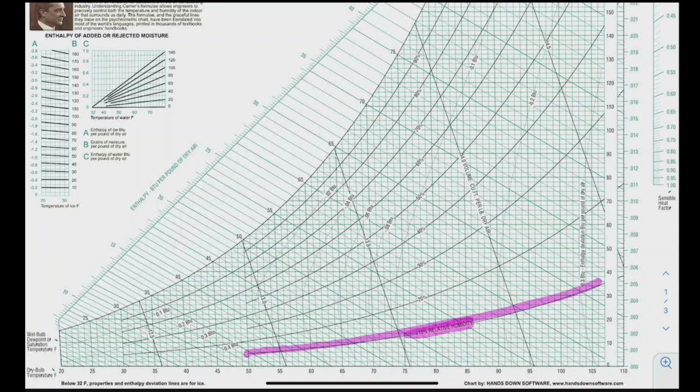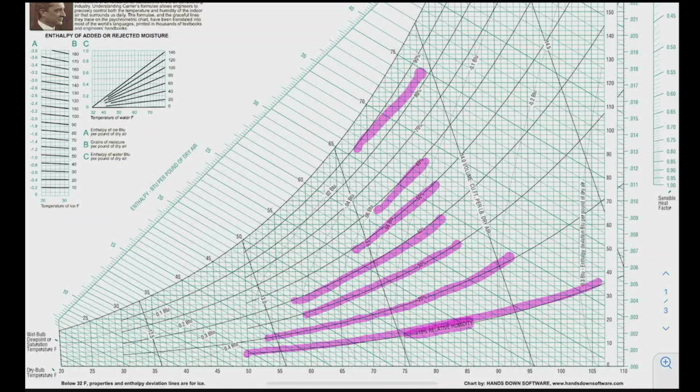If you were to plot or measure that your air is 10% relative humidity, it could end up anywhere on that line. Just above it, we have our 20% line, our 30% line, our 40% line, 50, 60, and it goes on all the way up to 90, and in fact all the way up to this top curved line here, which represents 100% relative humidity.